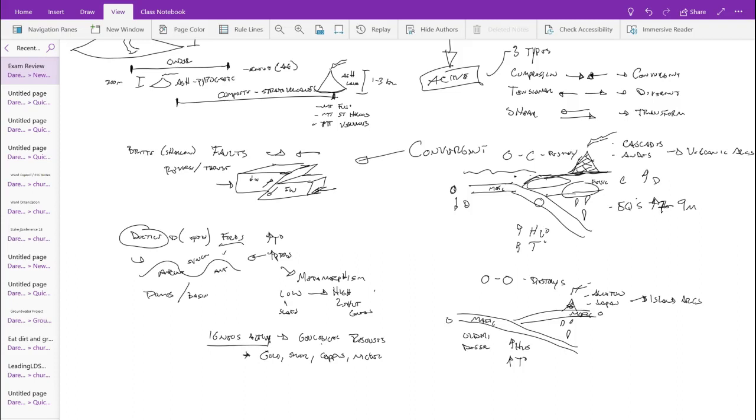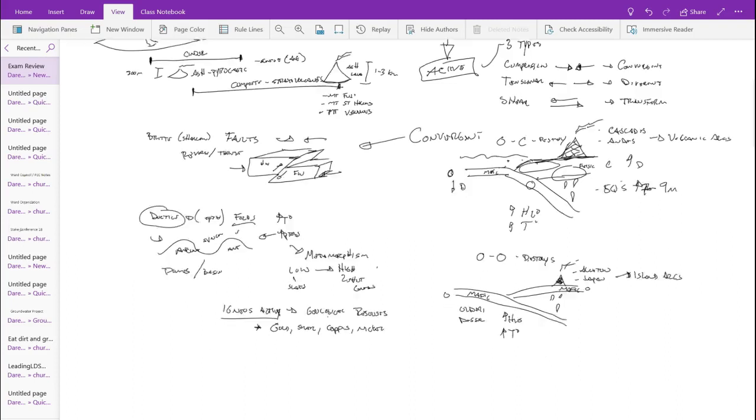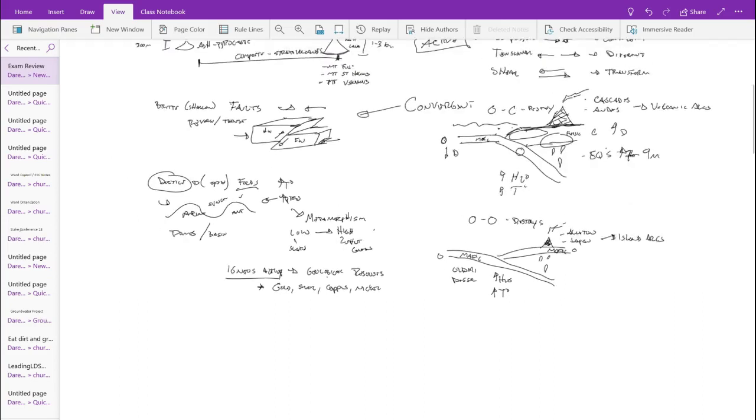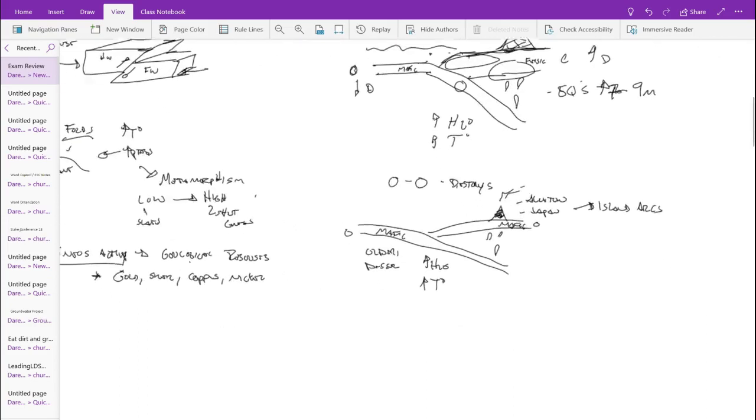But I purposely made a smaller volcano here, whereas these ones are bigger, because these ones are going to be more felsic, and these ones are going to be more intermediate. Because they're going through mafic material, and this one's going through felsic material, so as it goes up and changes, it's going to be a little bit thicker material and more stratovolcanoes, at the convergence.